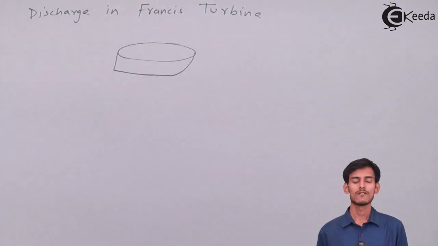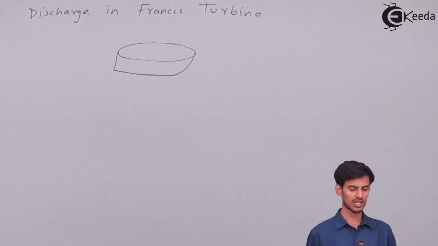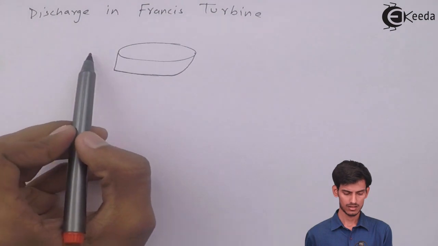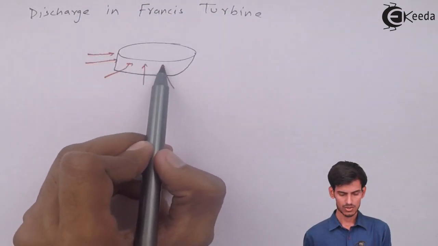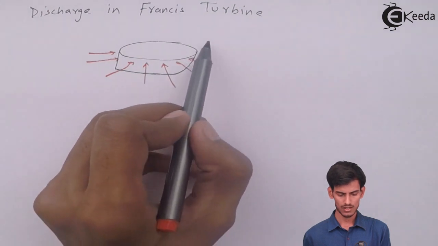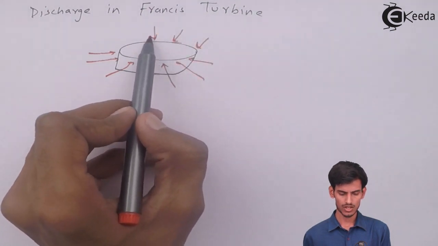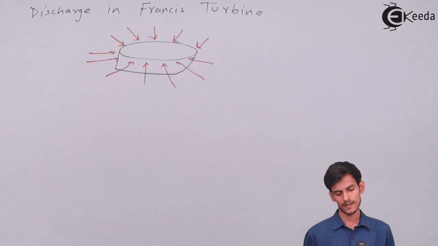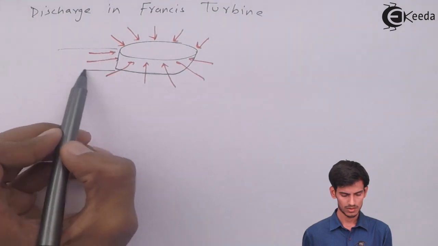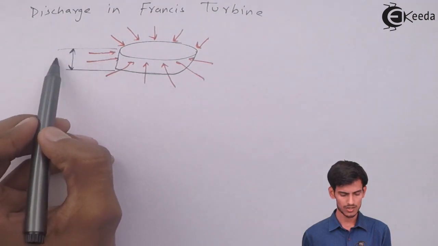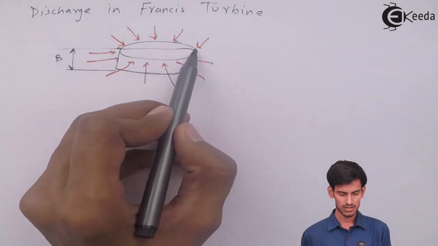As you can see, I've drawn a ring kind of a structure, and the discharge is not through the top, it is through the sides. So you should know the area of the side through which the water is getting in. The width of the runner is known, the diameter is known.